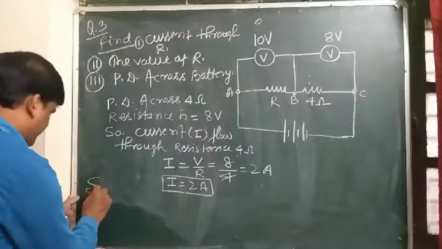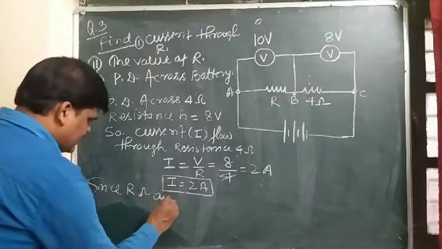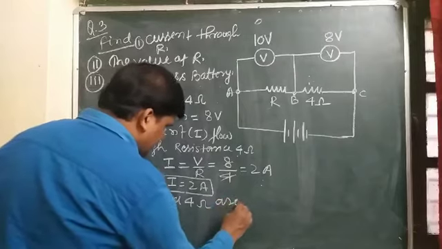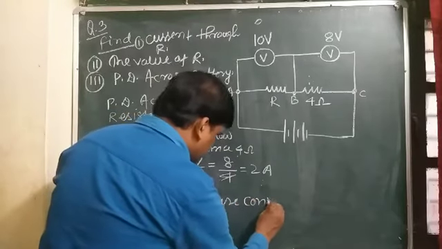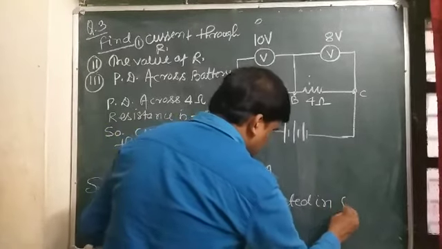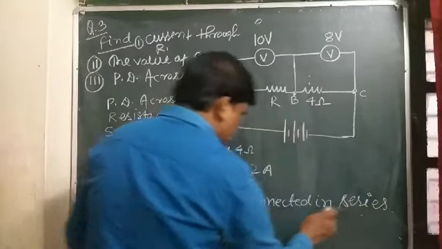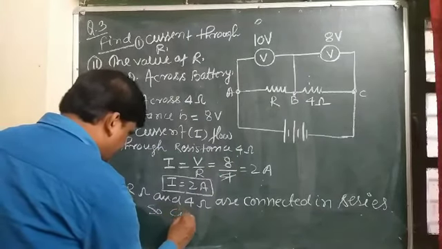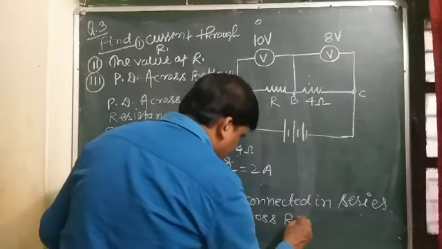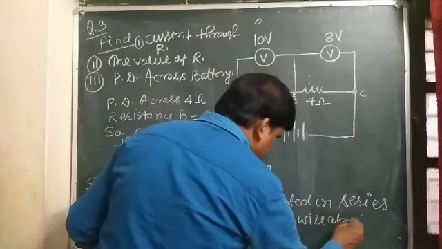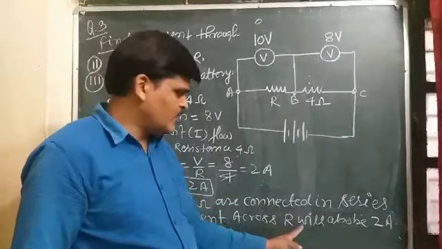Since R ohm resistance and 4 ohm are connected in series, the current across R ohm resistance will also be 2 ampere.